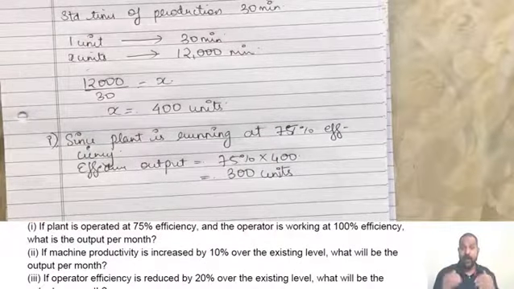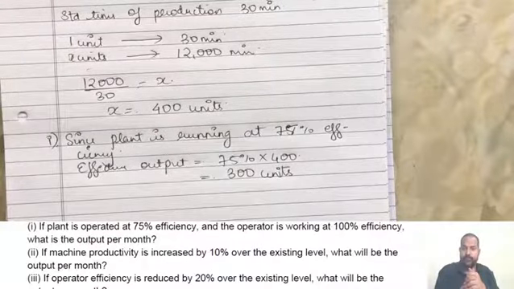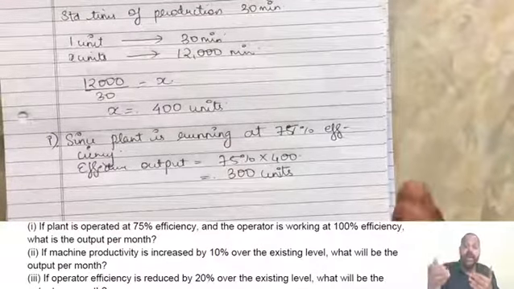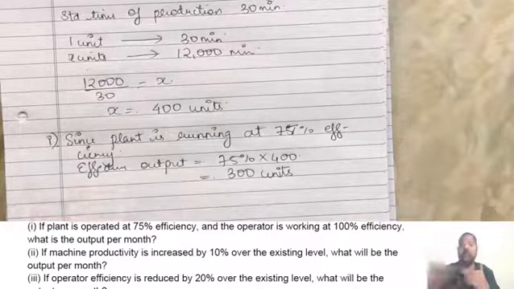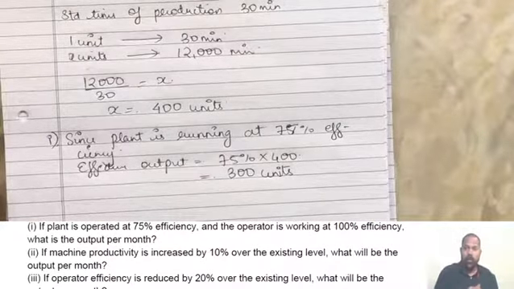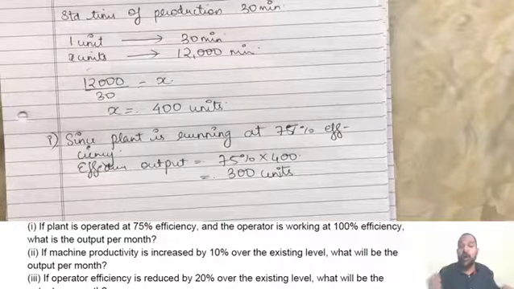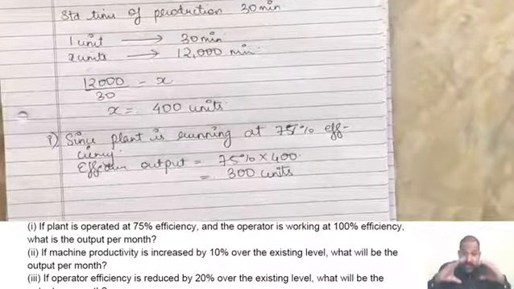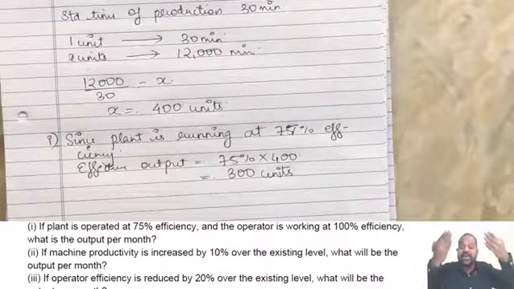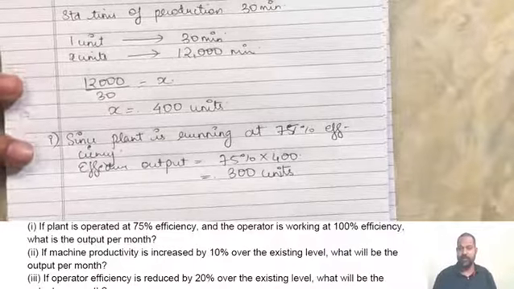Let's say initially the machine was taking 22 minutes to function. Now I have changed the setting and I realized that it does not take 22 minutes. The efficiency has increased. What will be the output per month?